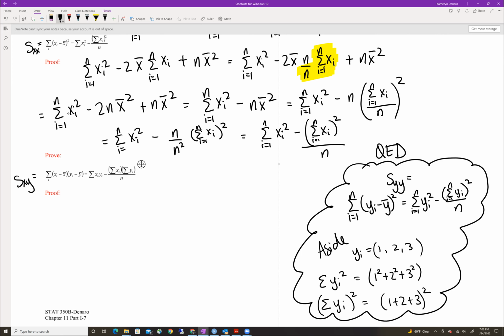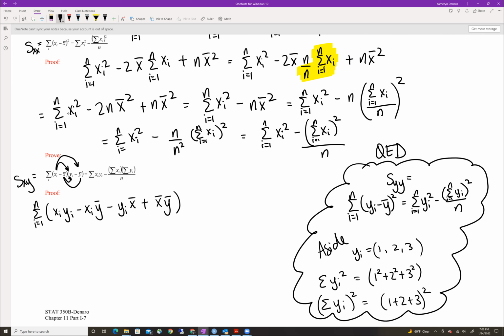Okay, we have the summation i equals 1 to n of xi times yi minus xi y bar minus yi x bar plus x bar y bar. All right, we're just distributing.